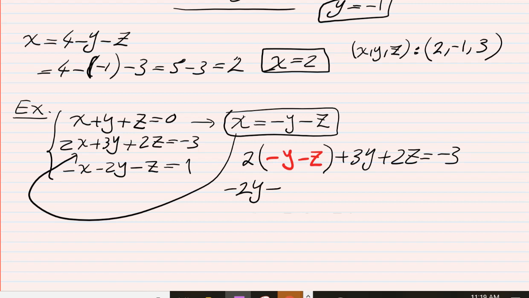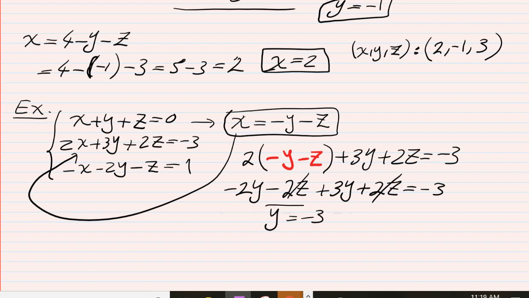Distribute 2 to y and z, we get negative 2y, negative 2z, plus 3y plus 2z equals negative 3. Negative 2y and 3y makes y. The z's actually add to 0. It seems like we have a solution for y.